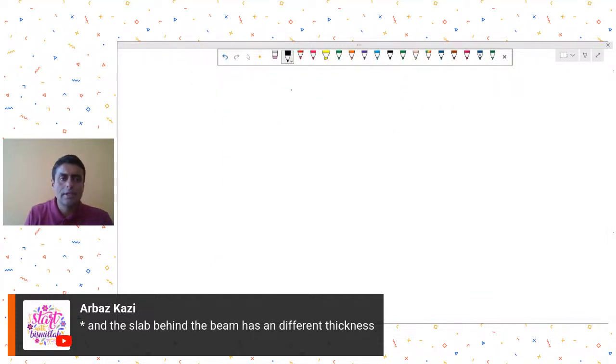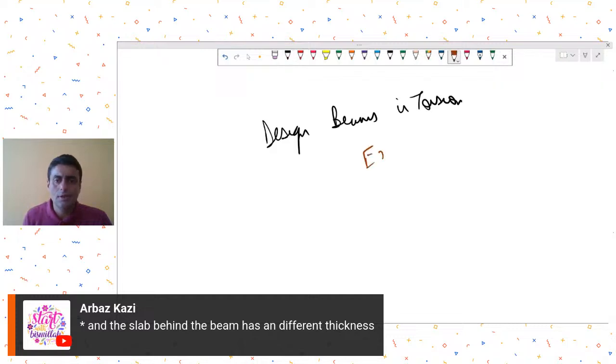My only point is that you will have to design beams for torsion essentially when it is a case of equilibrium torsion. Then you cannot not design the beam for torsion. If it is a case of equilibrium torsion, you have to design the beam for torsion.